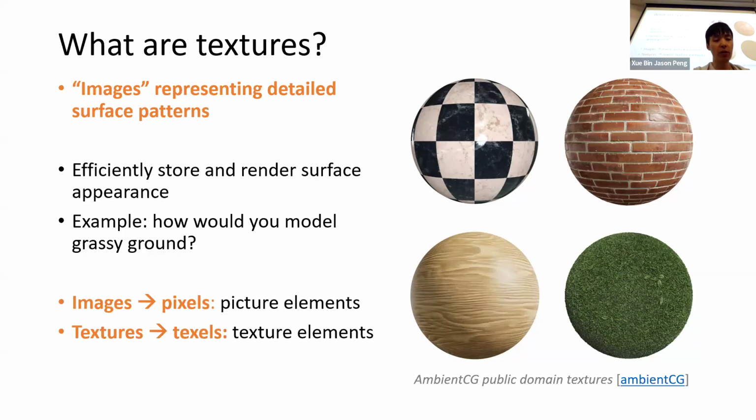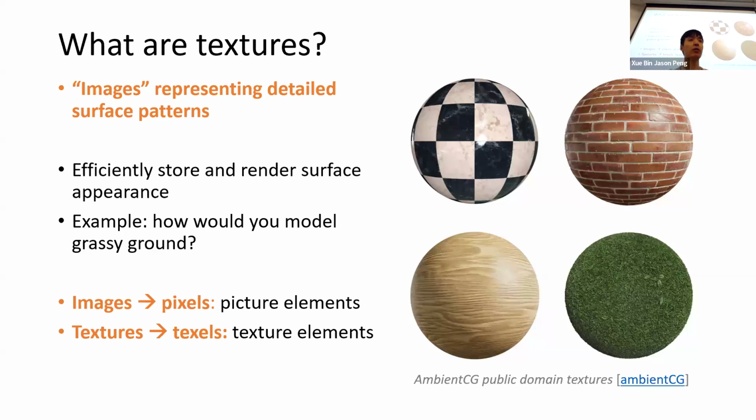Okay, now a little bit of terminology when we are working with textures. When we are referring to images, we refer to the individual elements of that image as a pixel. In the case of textures, we are going to use a slightly different terminology, where we are going to refer to the individual elements of a texture as a texel or a texture element.